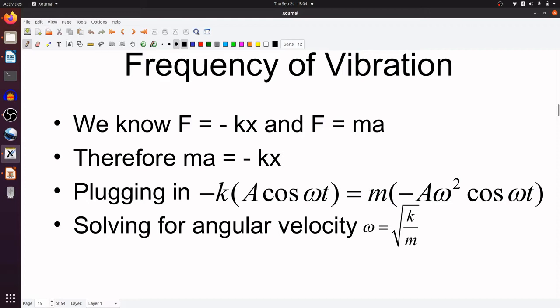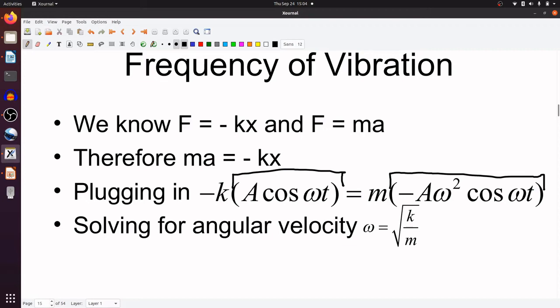If we plug in acceleration, and plug in the equation of motion, at least for position, let me show you this. I didn't quite go over this in the previous slides because it's not used as much, but this is the equation of motion, and this is the equation of acceleration. If you plug both of those in, your cosine omega t's end up canceling.